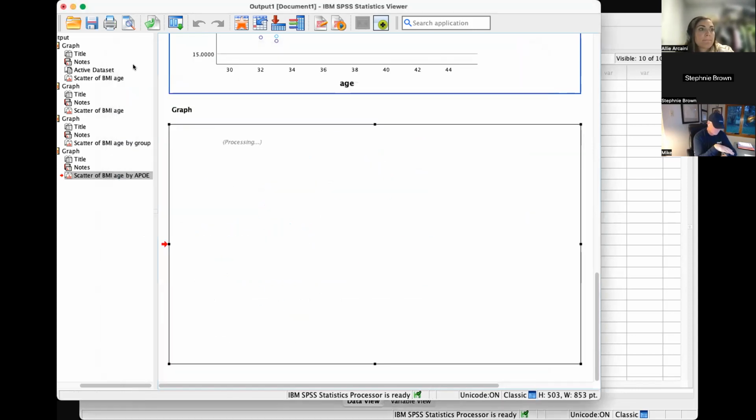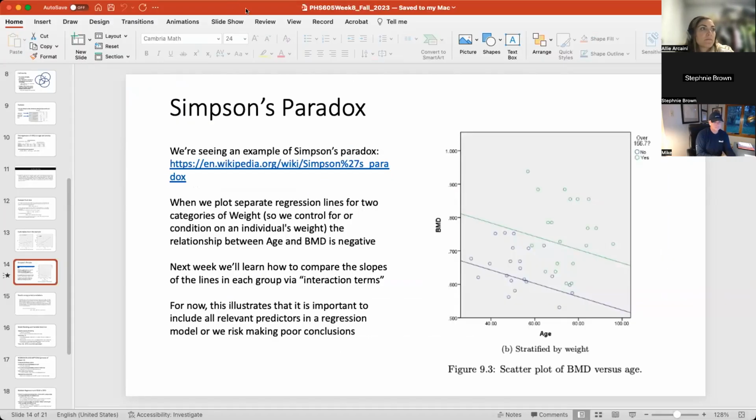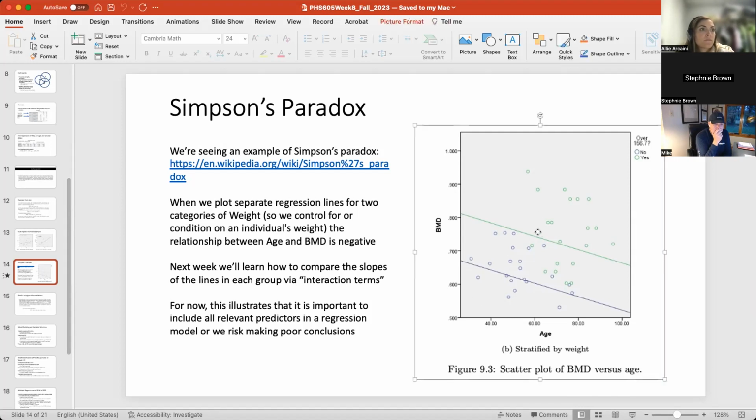But generally it is a good idea. So let's back up a minute. It's this example of Simpson's paradox. Again, it is designed to illustrate that it's important to include all the relevant predictors you can, at least as your first attempt at fitting a regression. And then also, it's probably a good idea to play around with graphics, to try to graph your data.